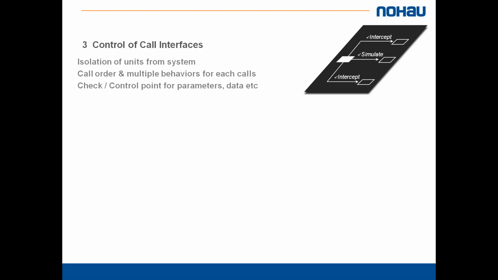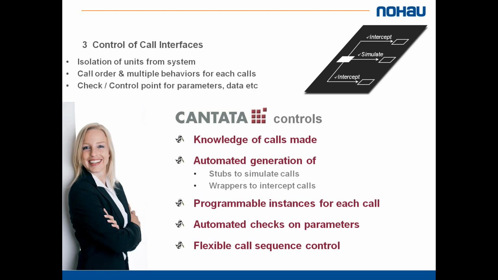That means that if your unit has dependencies, that is, calls to other units, to other functions and methods, or uses other classes, then we need to isolate those dependencies, those calls, and that's usually made through stubbing, or making a dummy of the called unit.